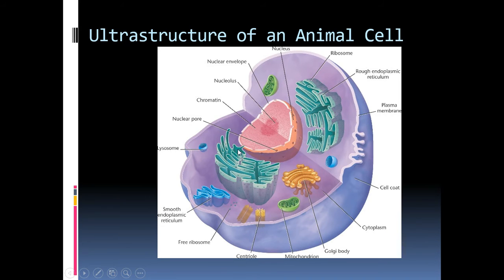A bit further towards the edge of the cell are the smooth endoplasmic reticulum and also the Golgi body. You can also see a lot of ribosomes attached to the rough endoplasmic reticulum, and also suspended inside the cytoplasm are centriole, lysosome, and mitochondria. So we are going to look at all of these structures in much more detail after this.